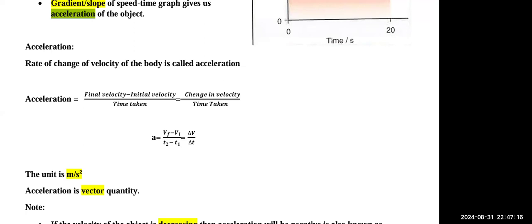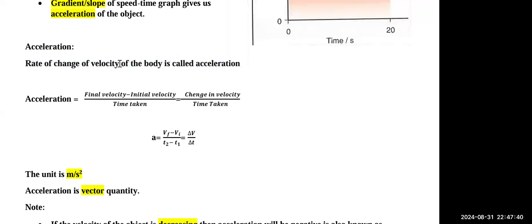Initially your vehicle is at rest, and now it is gaining more speed. It means the speed or velocity of the body is increasing. So we use a new term, acceleration: the rate of change of velocity of a body is called acceleration.